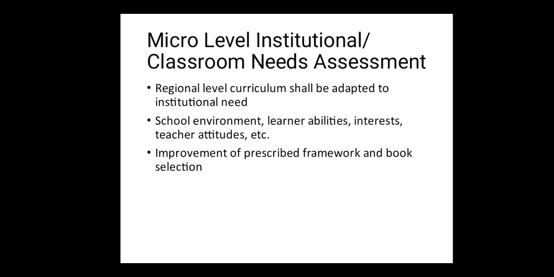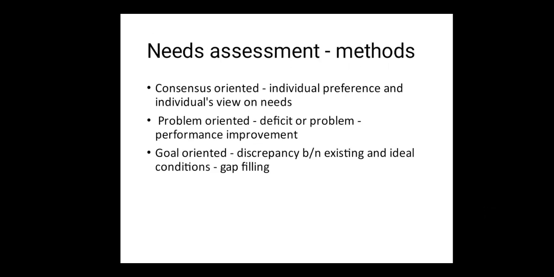So the two aspects done at this classroom or institution level are further modification or refinement of this framework for the institutional or classroom need, as well as selection of appropriate books for instruction.